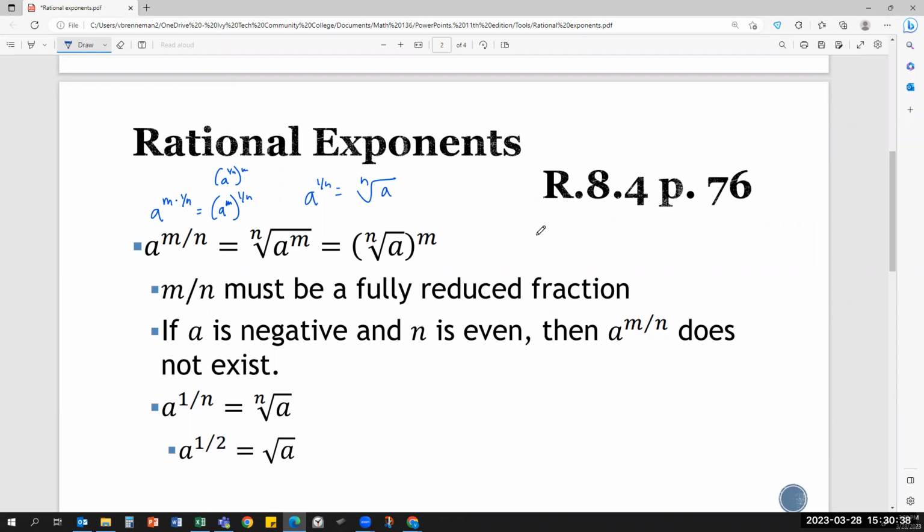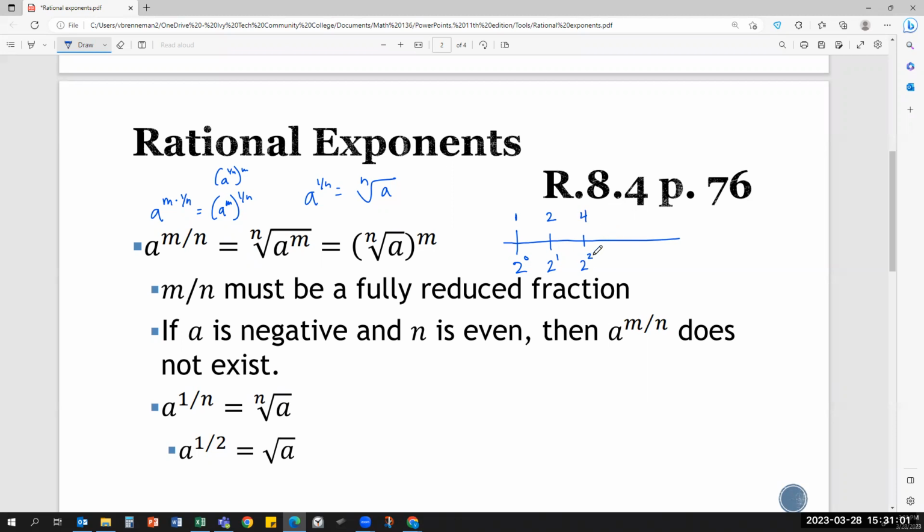If you think about this, let's just visualize it with base 2. So 2 to the 0 power is 1. 2 to the 1 power is 2. 2 squared is 4.